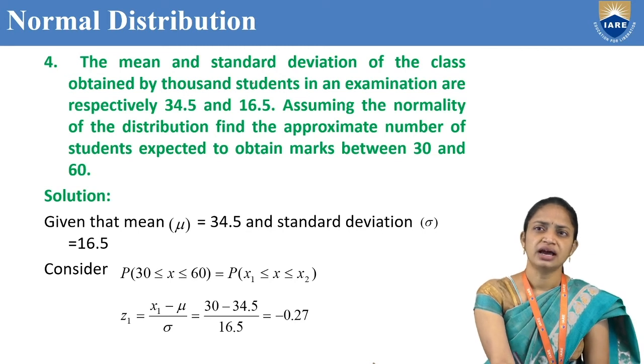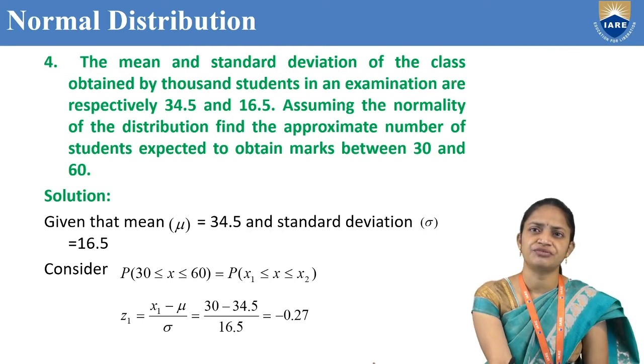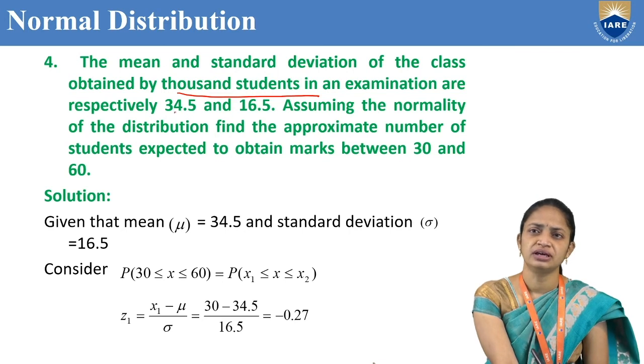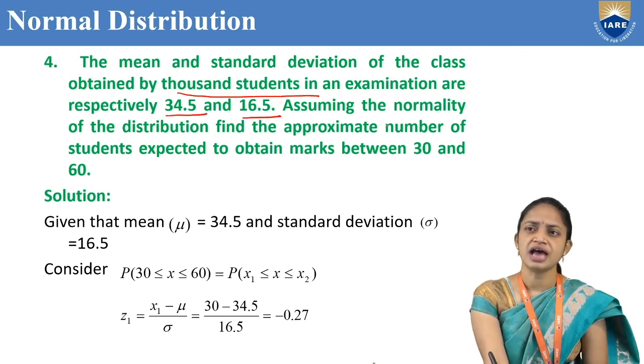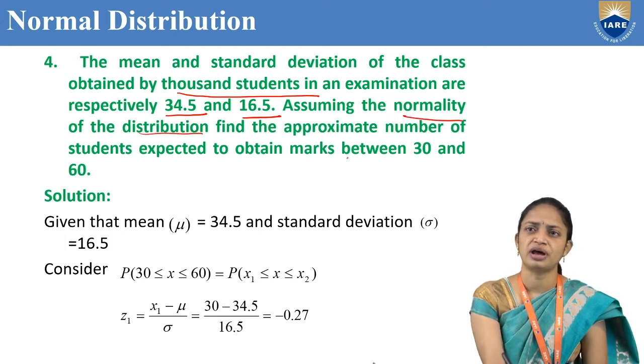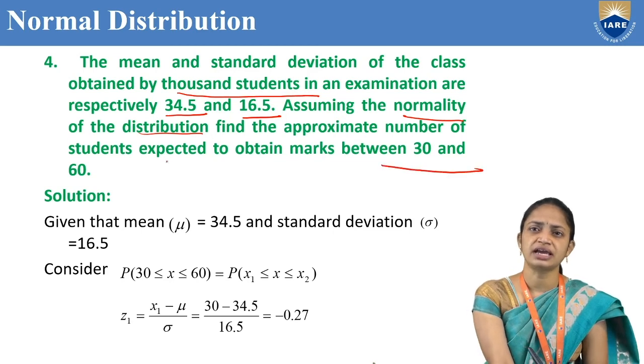So now coming to the next question. The mean and the standard deviation of the marks obtained by 1,000 students in an examination are respectively 34.5 and 16.5. Assuming the normality of the distribution, find the approximate number of students expected to obtain marks between 30 and 60.